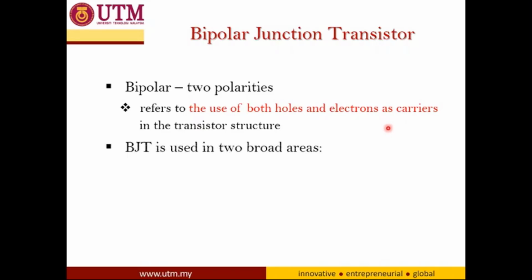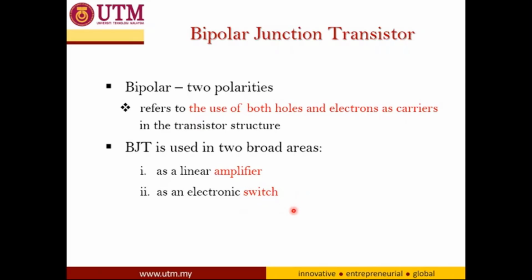So BJT is used in two broad applications. The first one is linear amplifier. Usually we amplify the time dependent signal, for example AC signal or AC waveform. And the second one is an electronic switch.